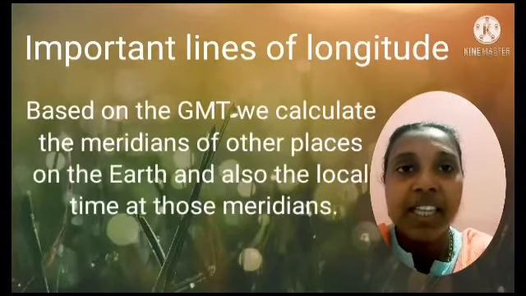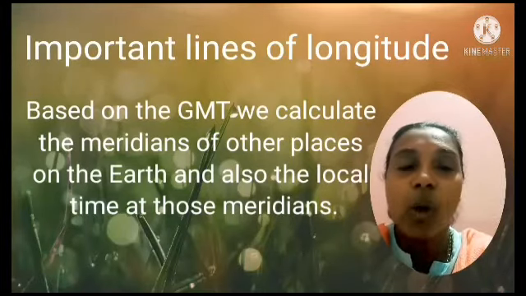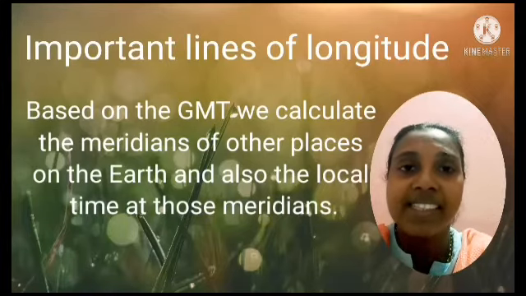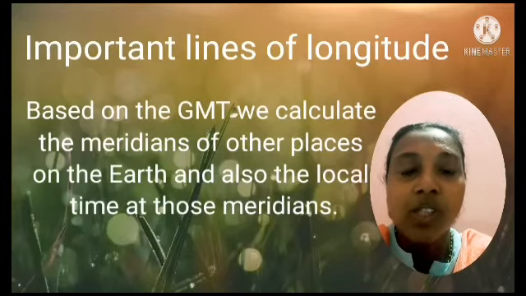Based on GMT, we calculate the meridians of other places on the earth and also the local time at those meridians. Is it clear? So dear children, the first important line of longitude is known as the prime meridian, and at the same time it is also known by other names. They are 0 degree longitude and Greenwich meridian.